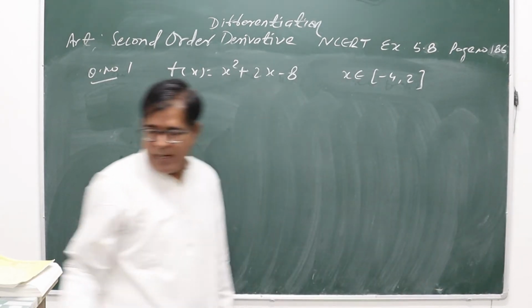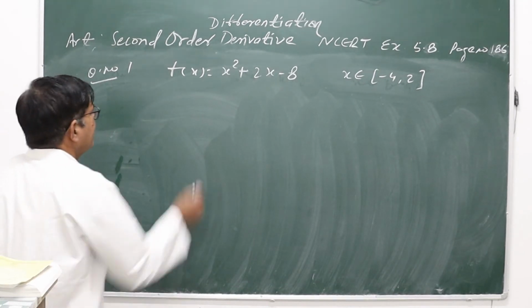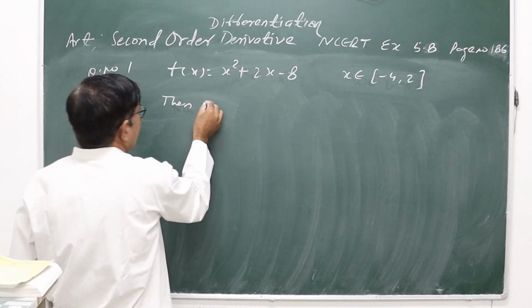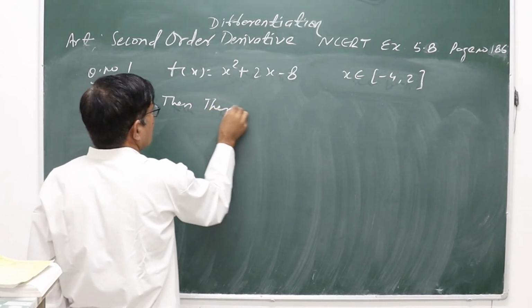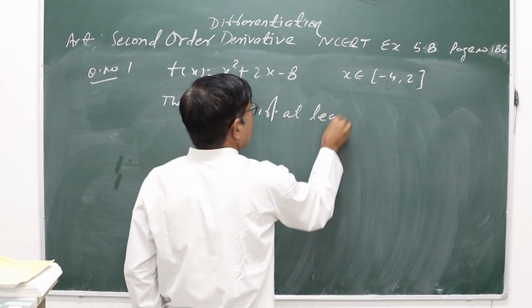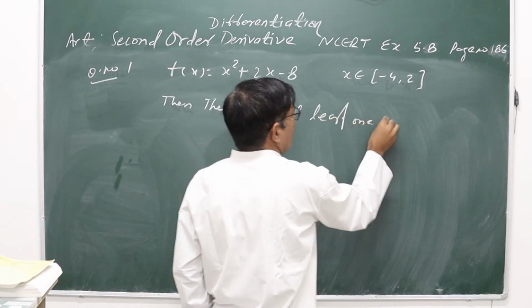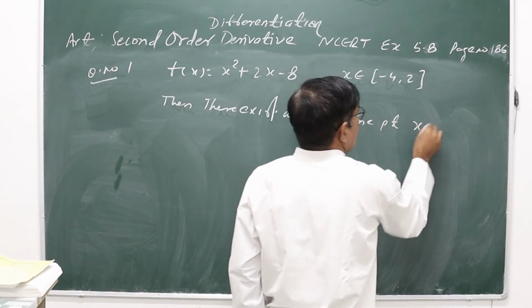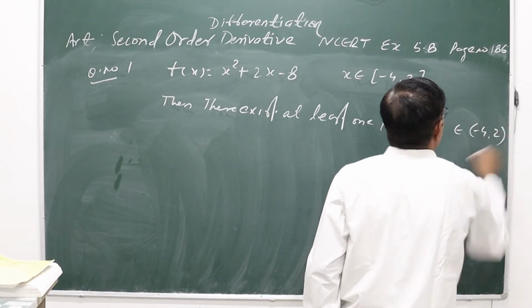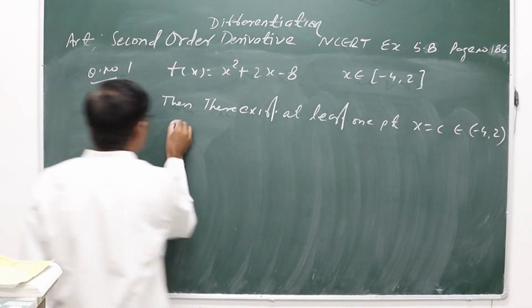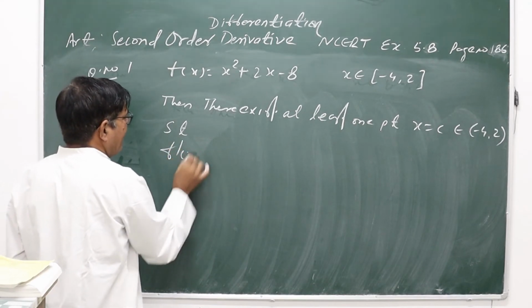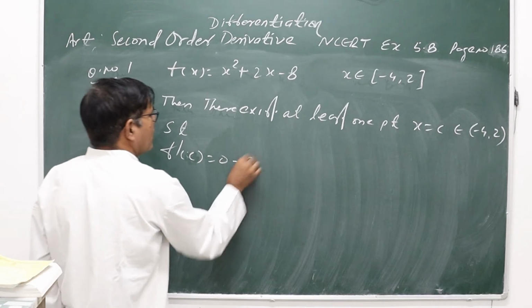If Rolle's theorem is applicable, then there exists at least one point x = c belonging to (−4, 2) such that f'(c) = 0.